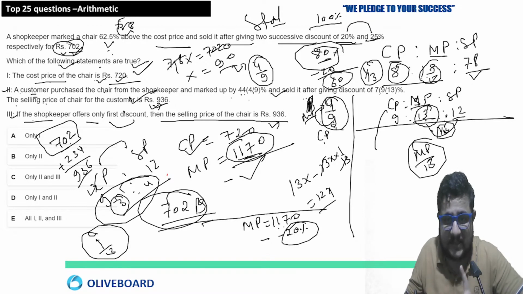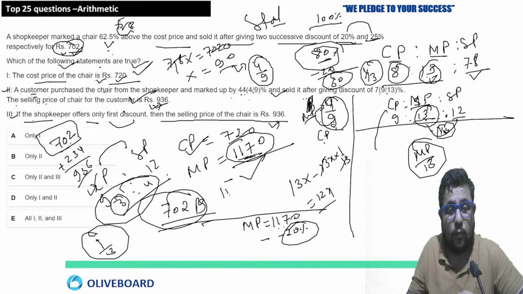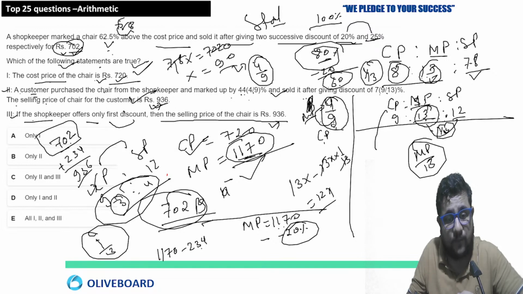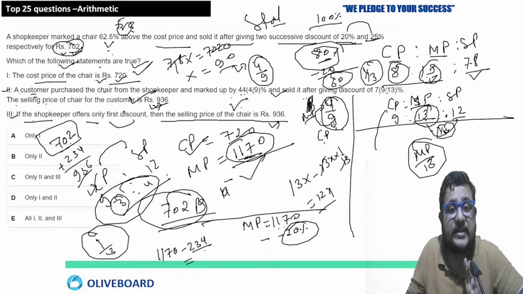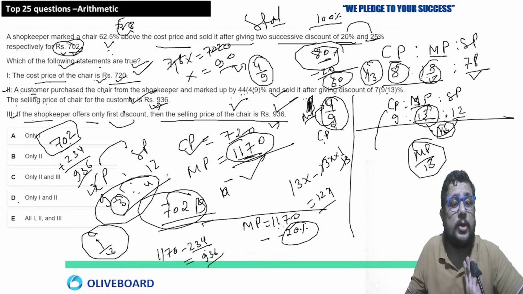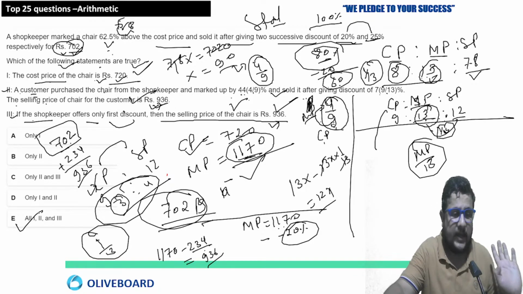So 117 is 10%, just double that, 234. 1170 minus 234. This is the first discount, and that is all they are saying in the second statement. So after subtracting, you get 936. Yes. So this is also following.